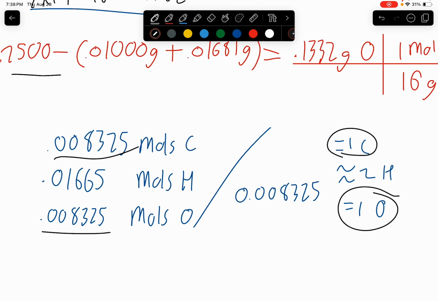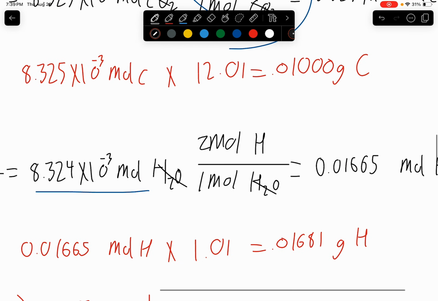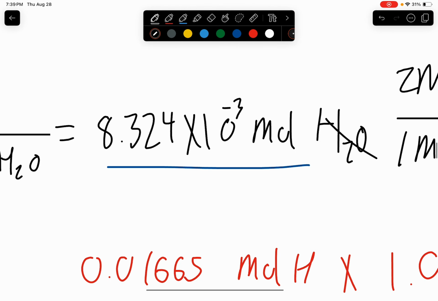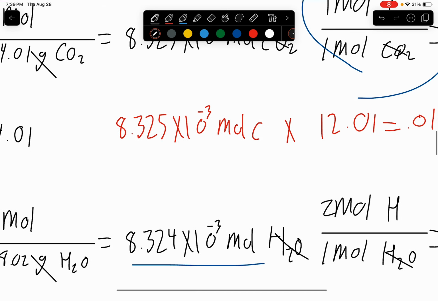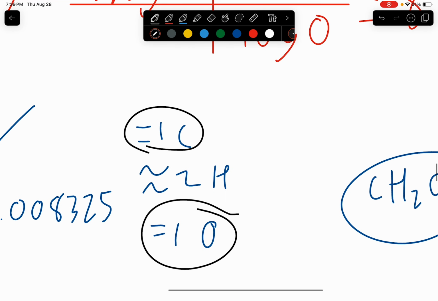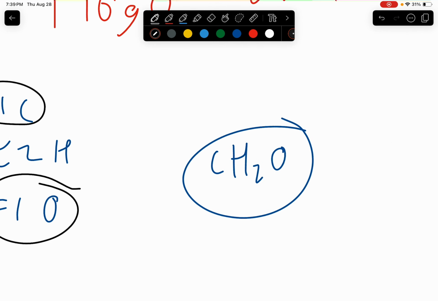Hydrogen, since we multiplied it by 2 earlier, started as basically the same thing as the other two. It's 1.997, which rounds to 2. So then we have the empirical formula of CH2O.